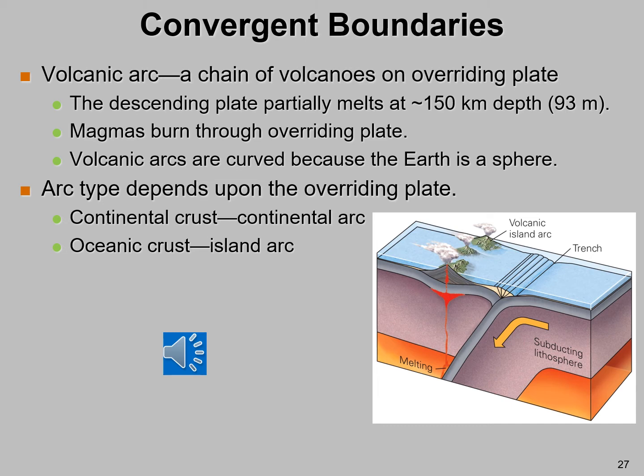In some cases, compression between the converging plates produces a belt of faults in the region behind the arc. If the volcanic arc forms where one oceanic plate subducts beneath another oceanic plate, the resulting volcanoes form a chain of islands known as a volcanic island arc.